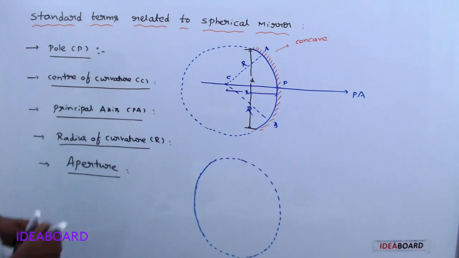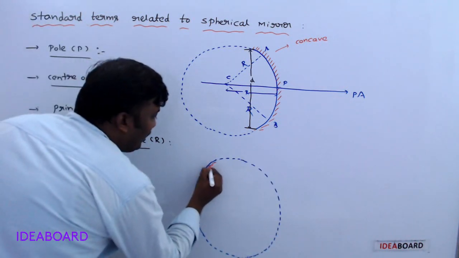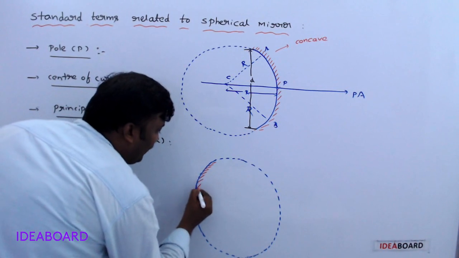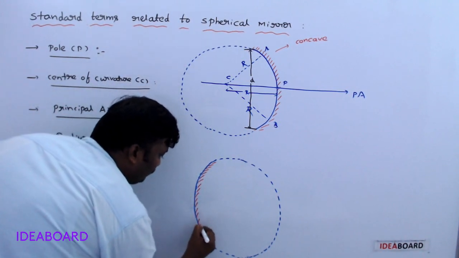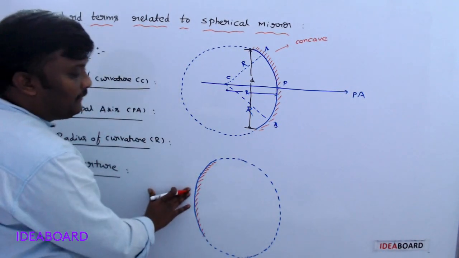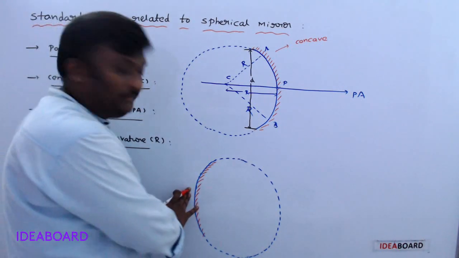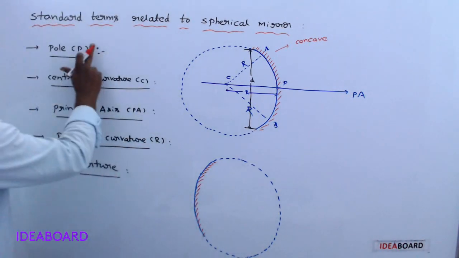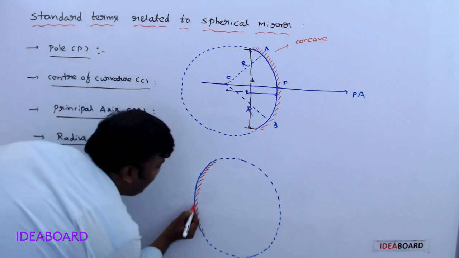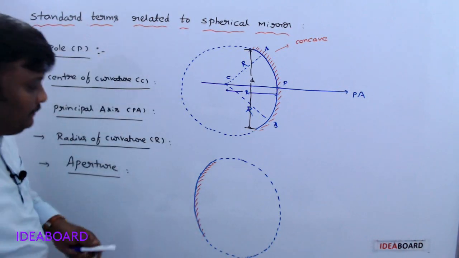So what is a convex mirror? The inner surface is polished, then the outer surface acts as the reflecting surface. Now, first of all, P is nothing but the center of the mirror.